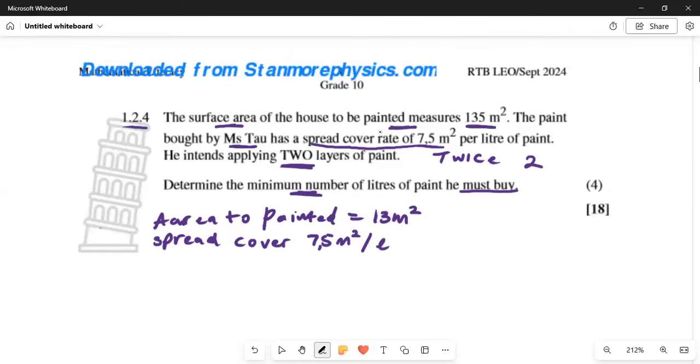So we take 135 meters squared divided by 7.5 meters squared per liter. Okay, so we are taking just these numbers down.